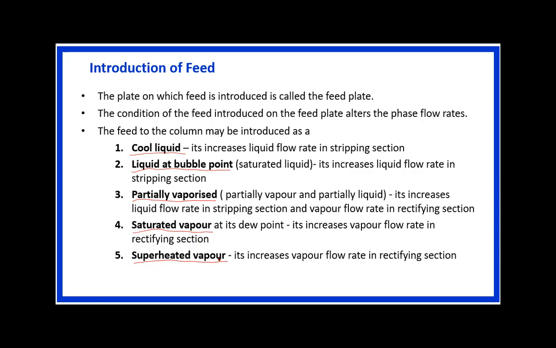So the feed may be in different conditions in the distillation column, and depending on this condition, the liquid flow rate, vapor flow rate and the purity of the product depend. If the feed is fed at a particular plate, then that plate is called the feed plate.